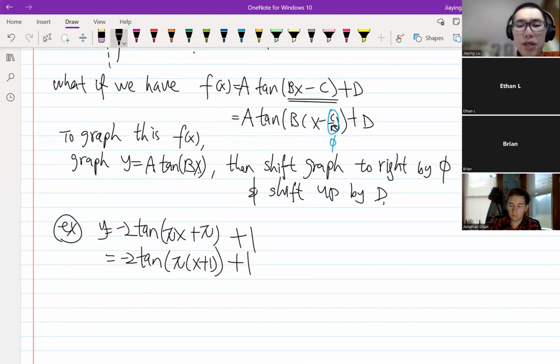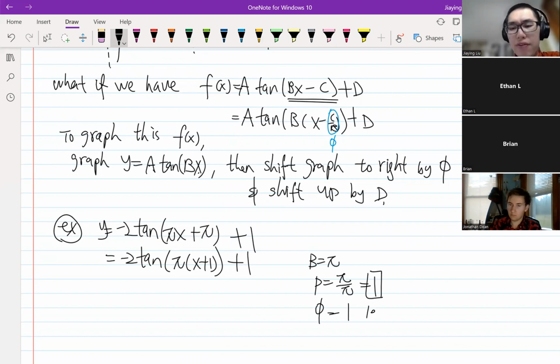And from here, I know that b equals pi. So that means the period is going to be pi divided by pi, which is 1. And the phase shift is going to be 1 unit to the left because it's plus 1 there.